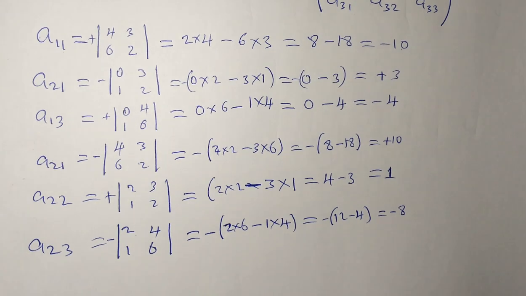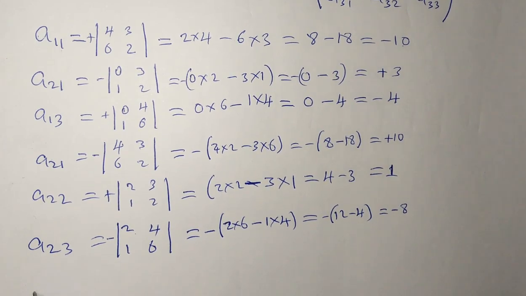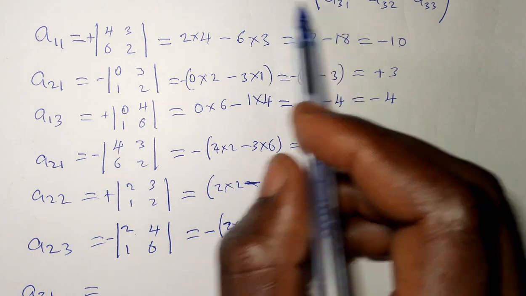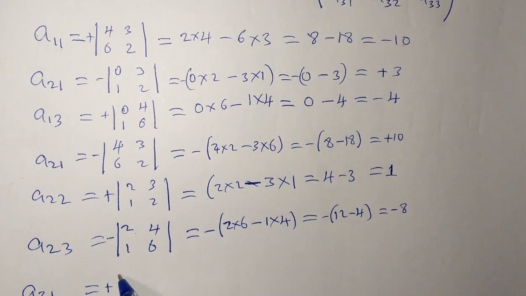Alright, we move on. Remember the matrix. So we have A31, which is the same thing. For A31 is this, so it is plus. So we have this to be plus 1 plus open bracket.